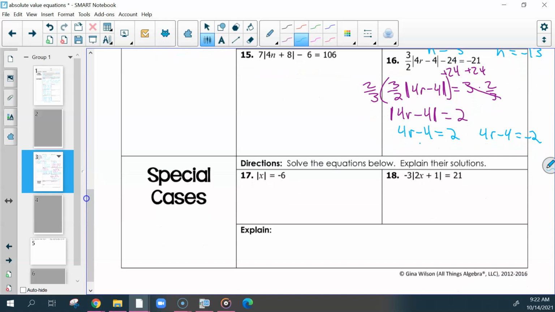Start solving, add 4 to both sides. I'm going to leave these as fractions.